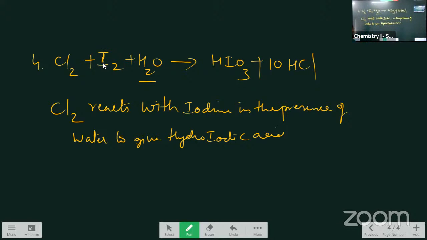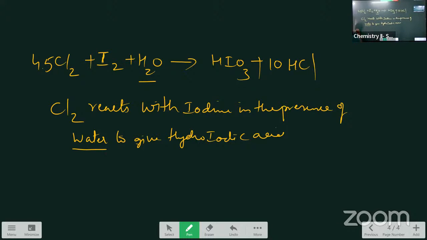Copy down this. So 10HCl means this is 5H2. Okay. So chlorine reacts with iodine in the presence of water to give hydroiodic acid. This is the fourth reaction.